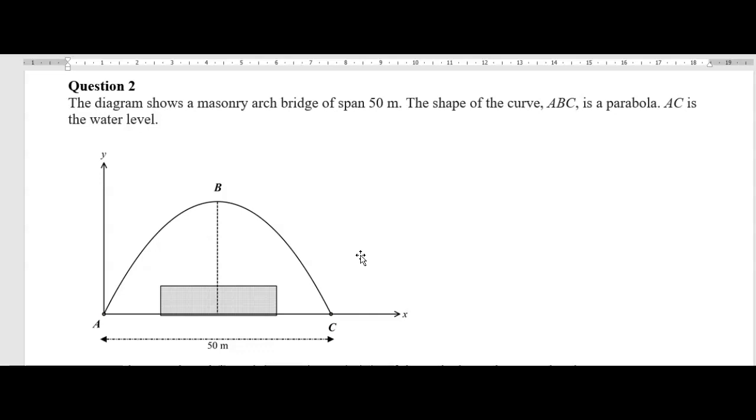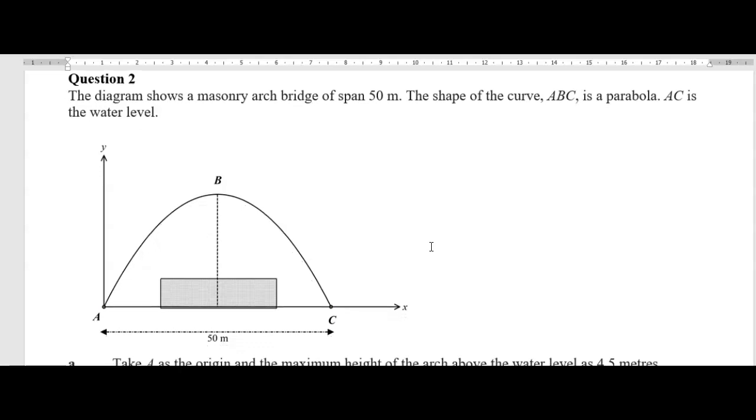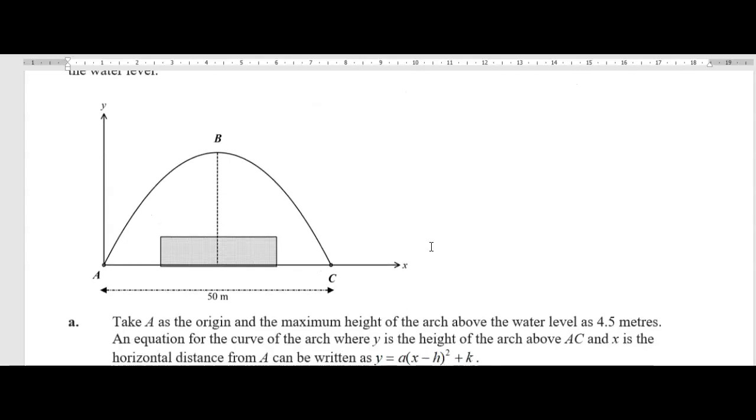All right. We did do a similar question to this when we did parabolas, but that was back in, I think, July or August. So the diagram shows a masonry arch bridge of span 50 meters. The shape of the curve ABC is a parabola. AC is the water level.